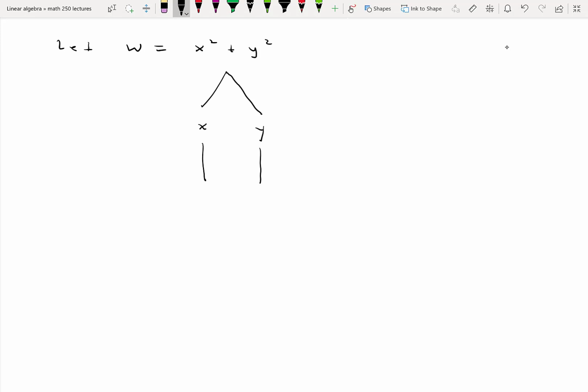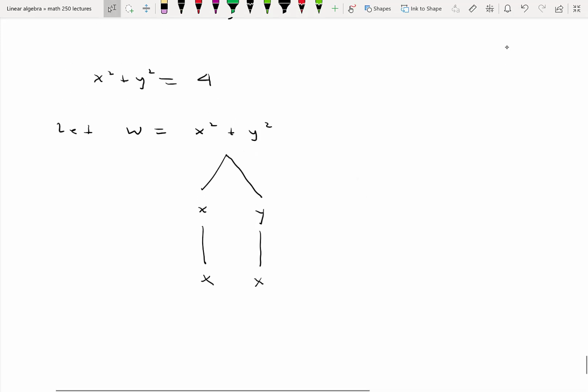So, w is a function of x and y, where x is a function of itself, and here I'm going to assume that y is a function of x. Okay, so we could write y equals the square root of 4 minus x squared, plus or minus.